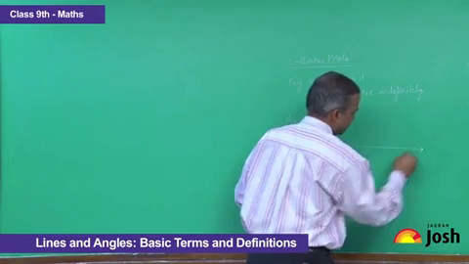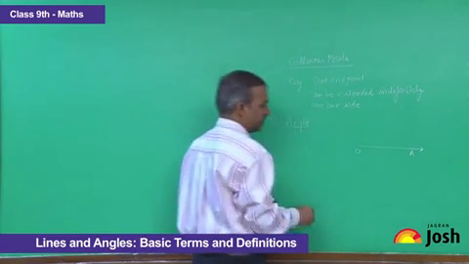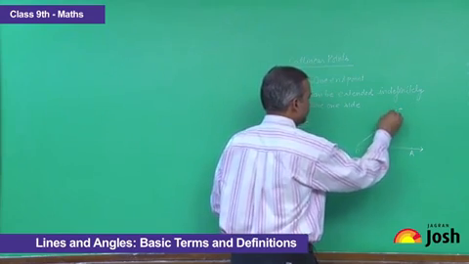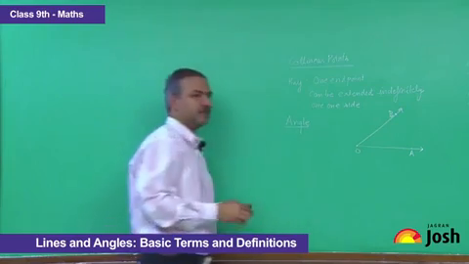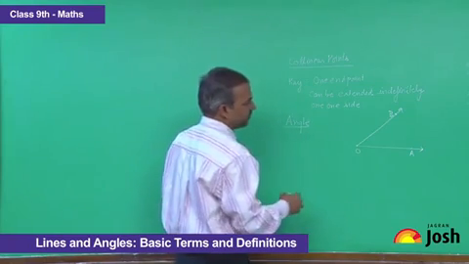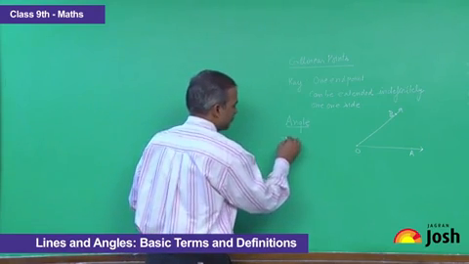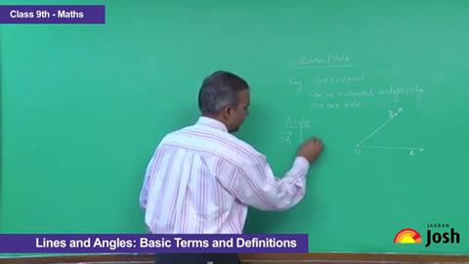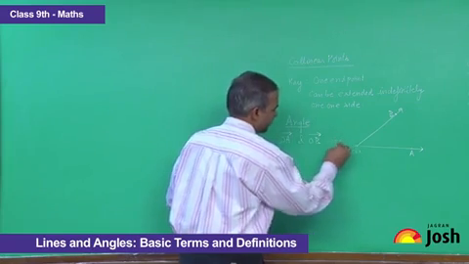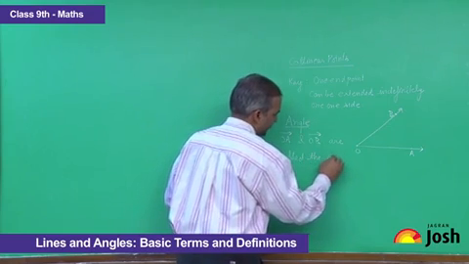Suppose you have a ray with an initial point O, the ray is OA, and say another ray OB is drawn with the common initial point O, then these two rays are said to be forming an angle. In this condition, the two rays OA and OB are called the arms of the angle.